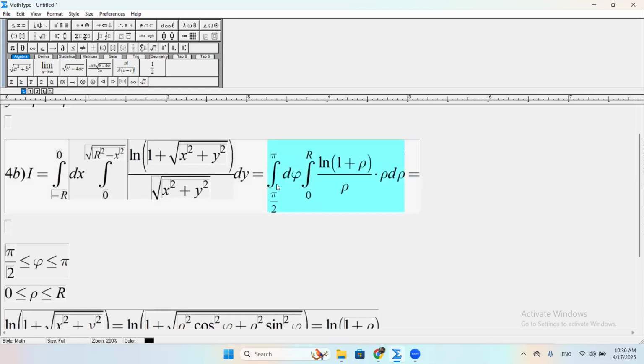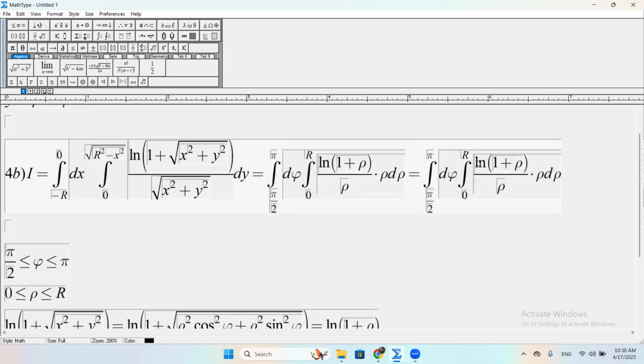And we see that this integral is really slightly simplified compared to what it was before. That's why polar coordinates are so useful and so important for us.